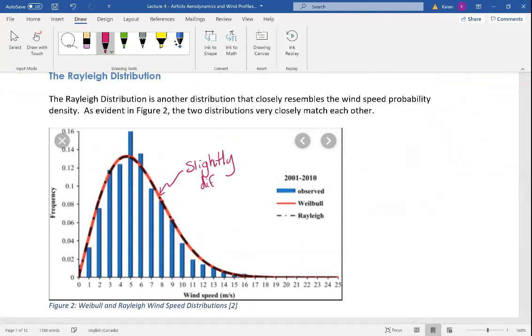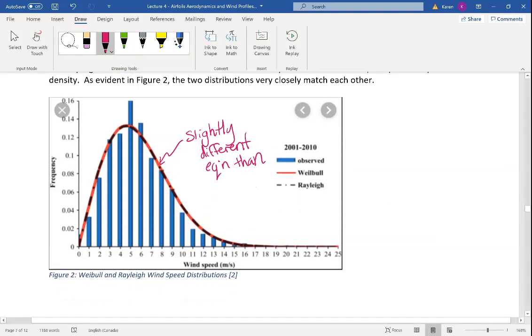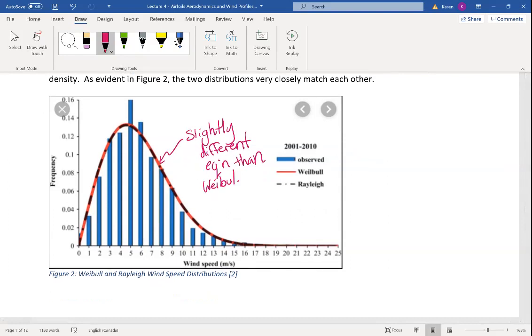It's a different equation than the Weibull distribution. But you can tell it's not a normal distribution, and you can tell it's not the same distribution you get in your grades in the class. It looks like the Weibull distribution, but it is actually slightly different.